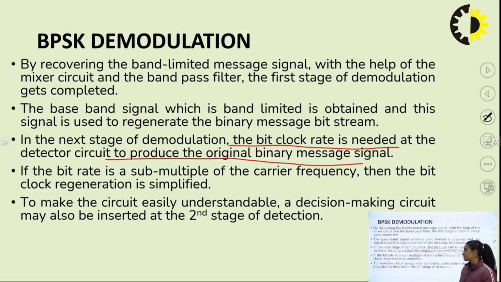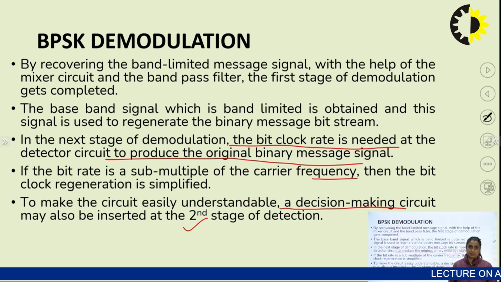If the bit rate is a submultiple of the carrier frequency, then the bit clock regeneration is simplified. To make the circuit easily understandable, a decision making circuit may also be inserted at the second stage, which is the major task of the demodulator circuit. So this is how we demodulate a BPSK signal.